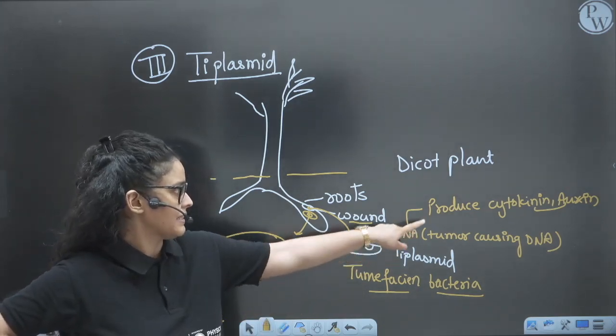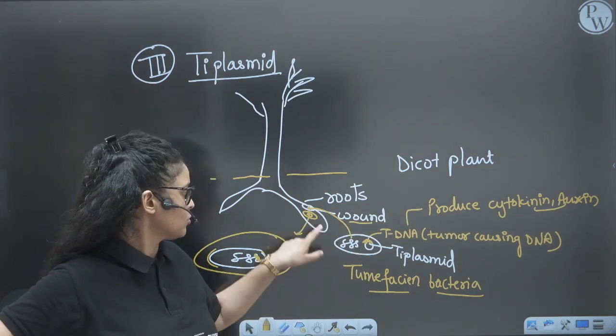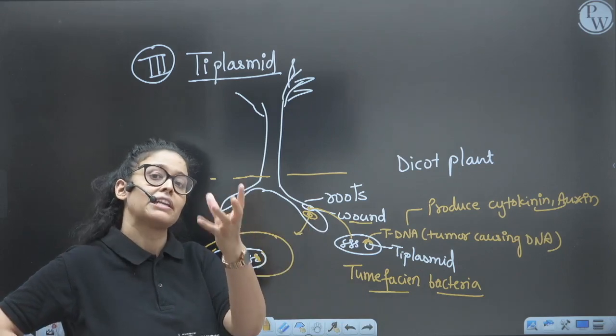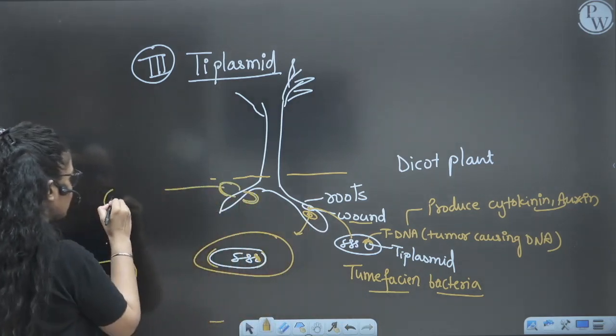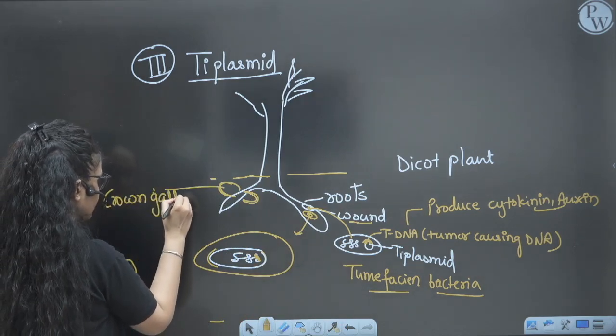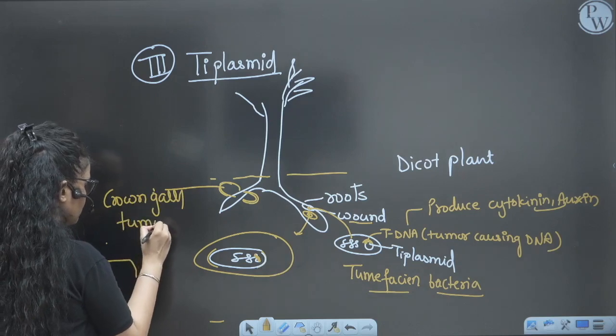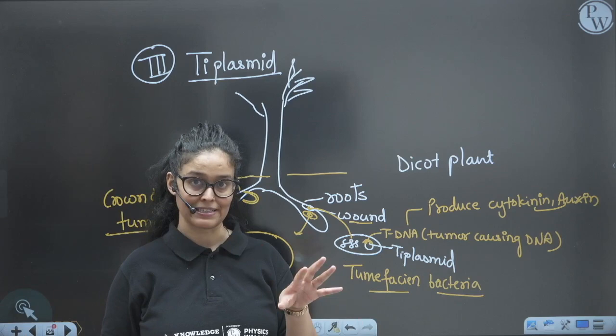And we know this tDNA will produce a lot of cytokinin and auxin, and the plant root cells keep on dividing to form the tumor, right? So this is called the crown gall or tumor, which occurs in dicot plants mainly. So this bacteria normally causes this disease.